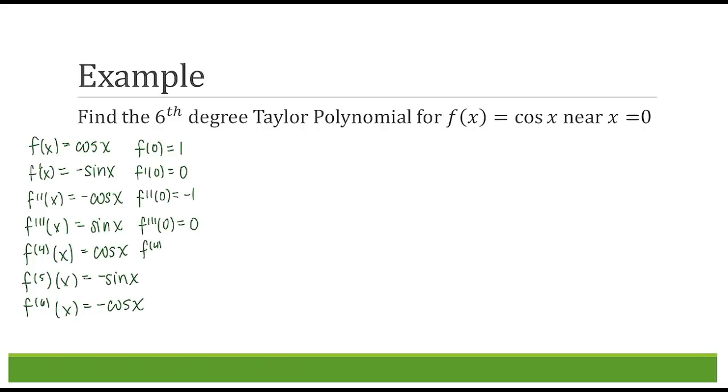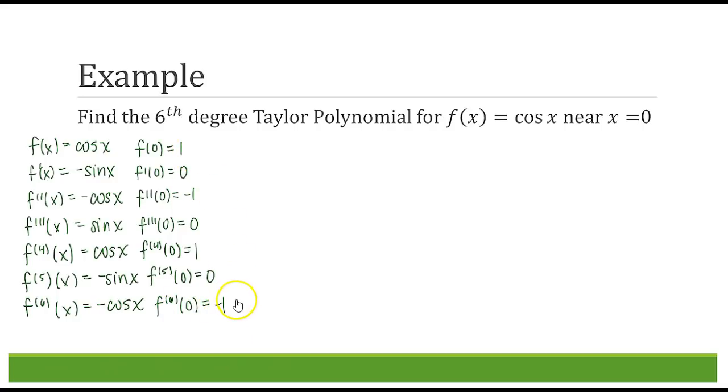The fourth derivative at 0, cosine of 0 gets me back to 1. Hopefully we can see this pattern that's happening here. So we have now the fifth derivative at 0 is 0. And the sixth derivative at 0 is negative 1. So we have, again, cosine of 0 is 1 and a negative on the outside.